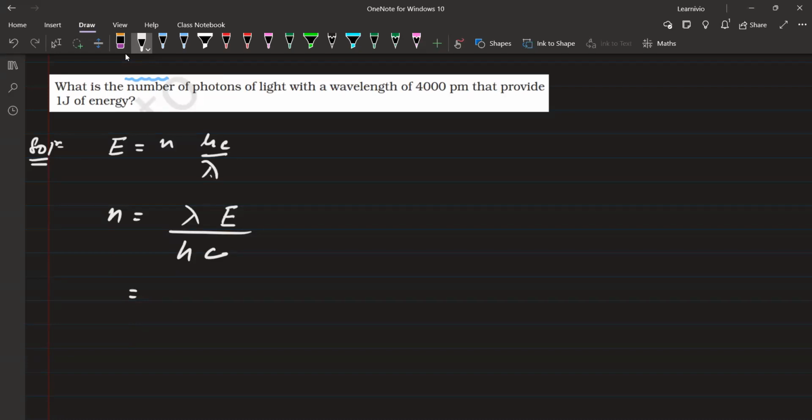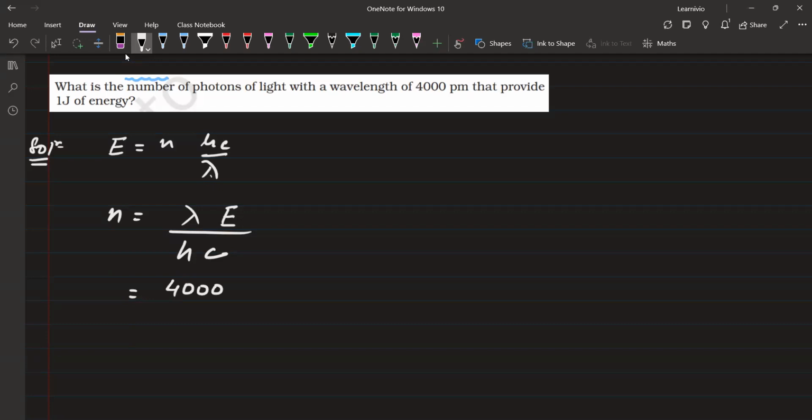You need to tell me what is the lambda, guys. What is the lambda? Lambda बताएं, जल्दी बताएं. अब plug in the values. Calculation तो आप लोग करनी है. Lambda, 4000 picometer. ठीक है. 4000 what? Picometer. है ना? And what is pico?